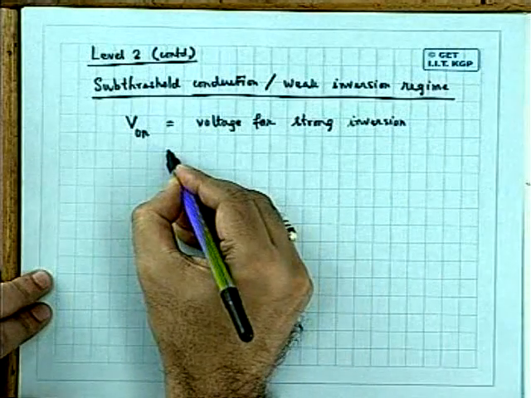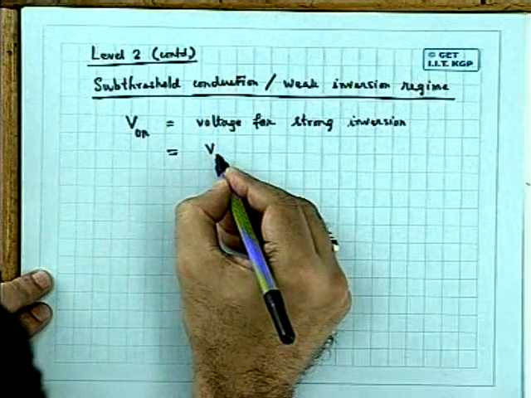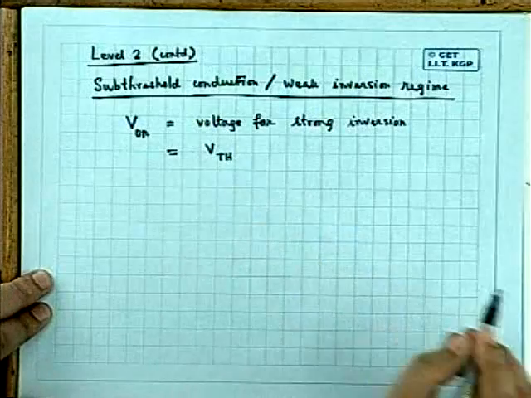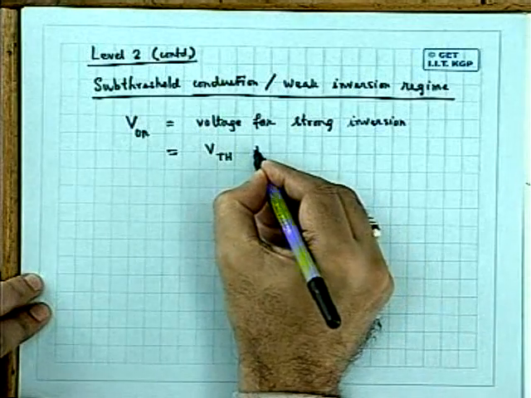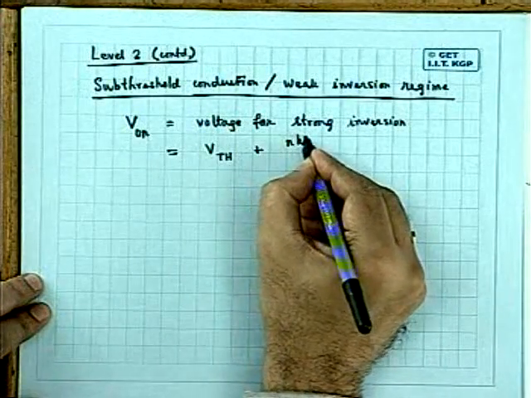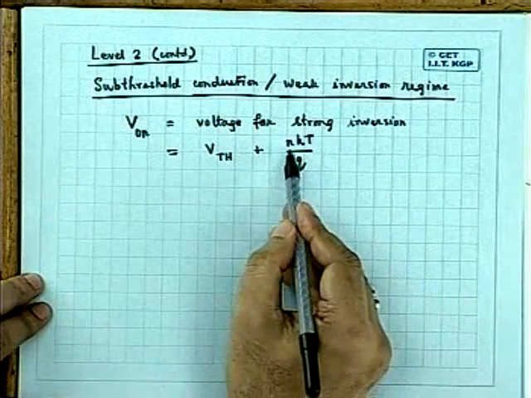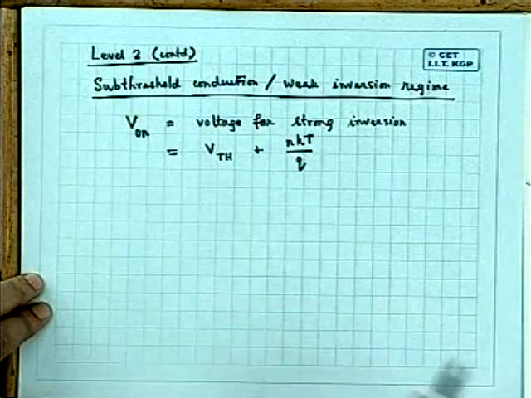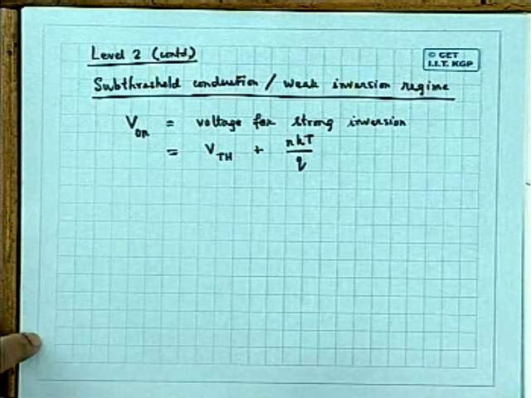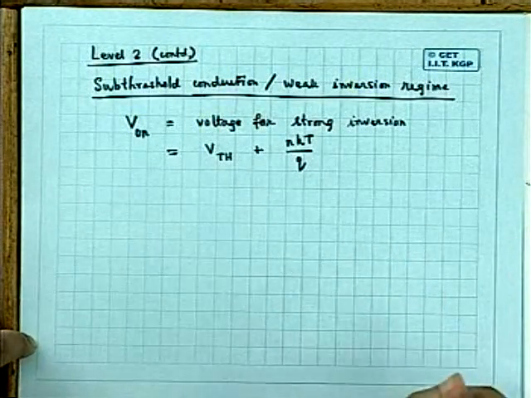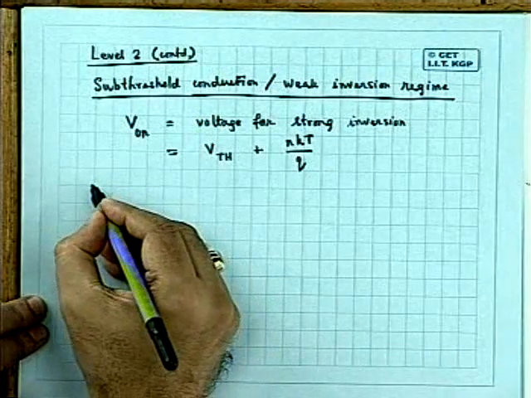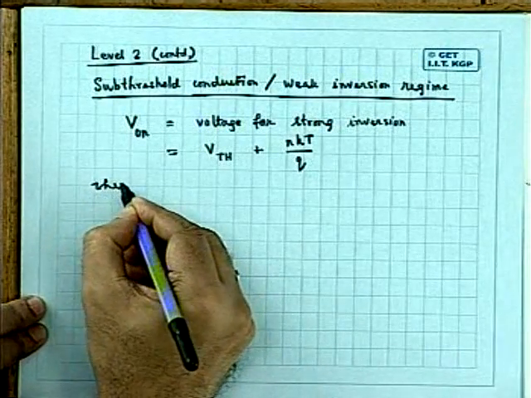And that we define, I have already indicated that earlier while describing the physics. Some people call it 2 kT, 3 kT, 6 kT, it depends. You know that typically 6 kT by Q is quite often used. But here they model the N value.